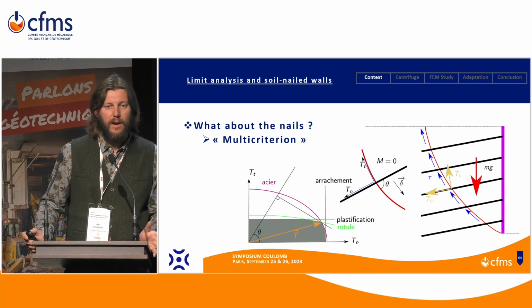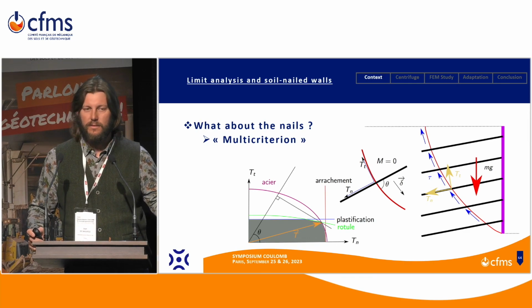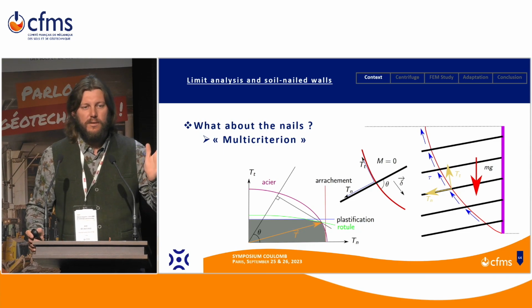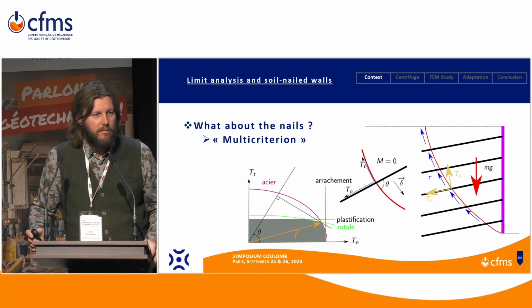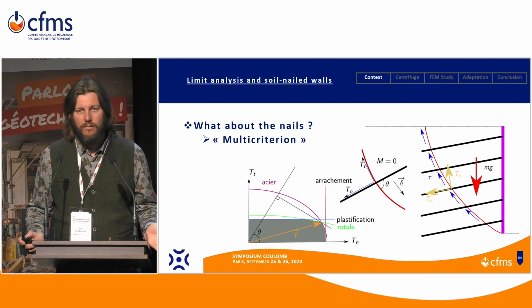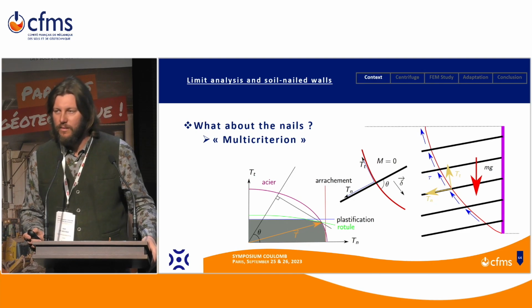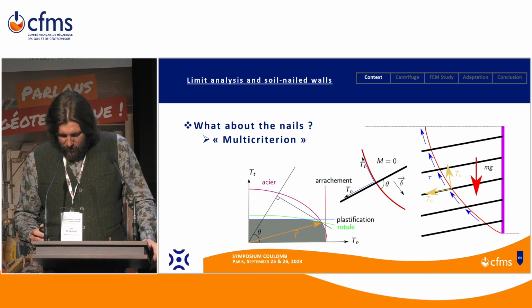It gives you a line in the plane. I did not mention that here we consider the bending moment is 0. In the plane of shear force and normal force, you get a line, and the question is which value do you take out of this line, because you have an infinity of couples (T, N).